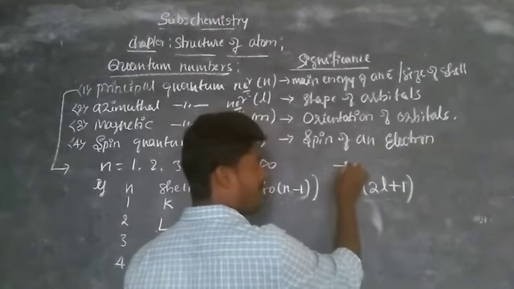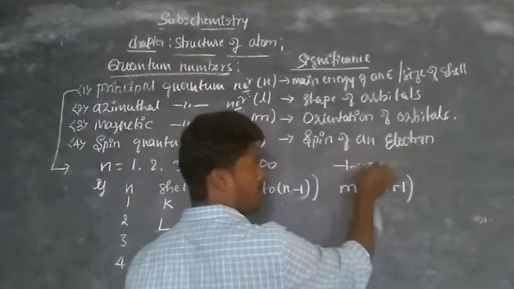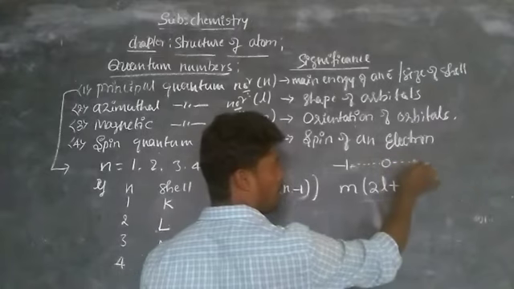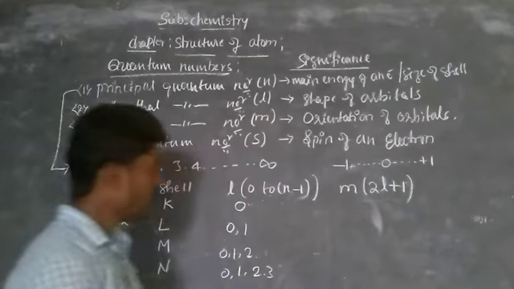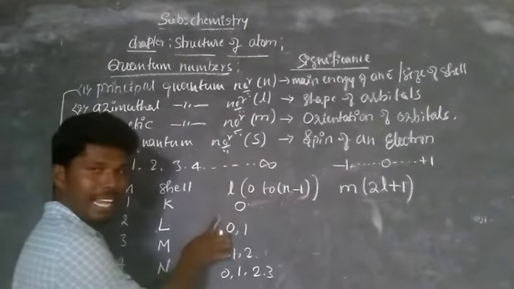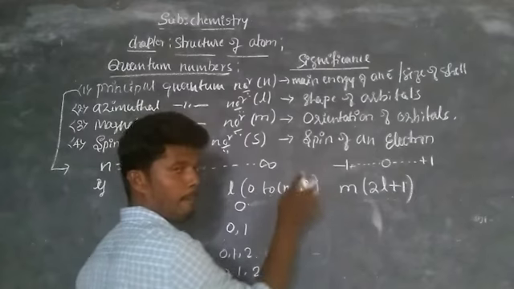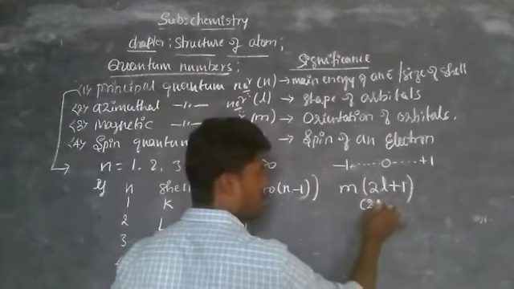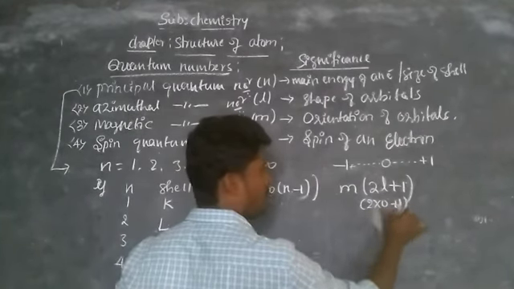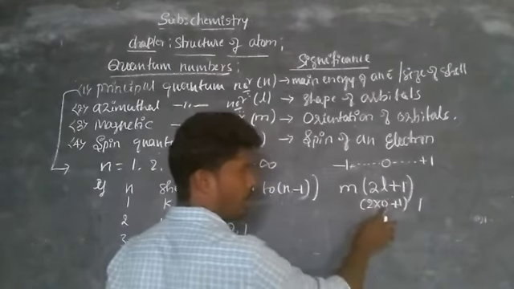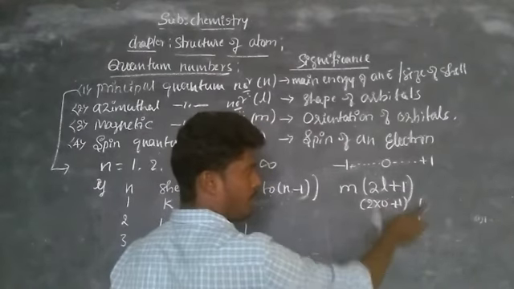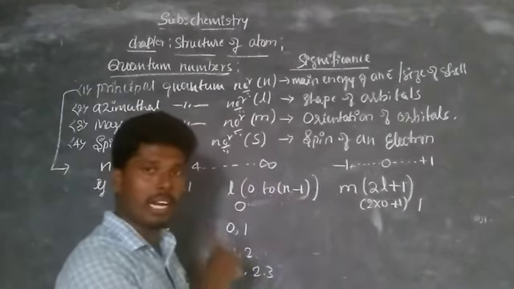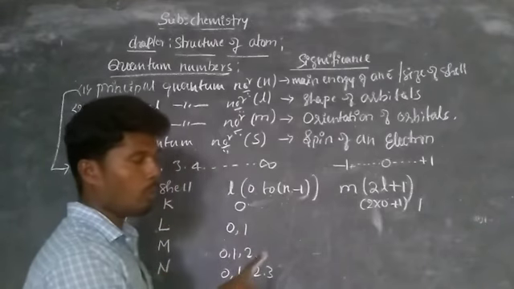It means its value is from minus 1 to 0 to plus 1. For L is equal to 0, the m values are, substitute in place of L 0, that is 2 into 0 plus 1. What do you get? 1. 0 into 2 you get 0, plus 1, you get only 1. So 1 is not a value, it means you get only 1 value.